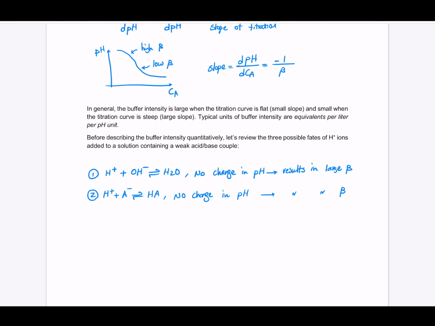So now let's say we're running out of these two, and then we add more acid. Then there's no reaction. Whatever we add increases the proton concentration, or changes the pH.